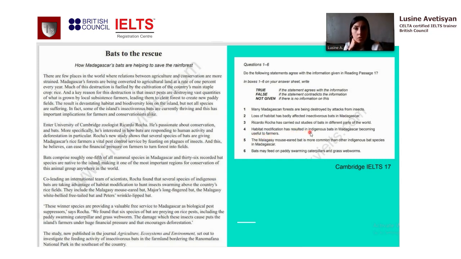So habitat modification has resulted in indigenous bats in Madagascar becoming useful to farmers. So I was just reading about some for farmers and conservation alike. So let's have a look about whether or not these indigenous bats are useful to farmers.